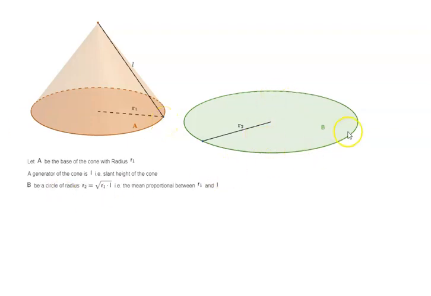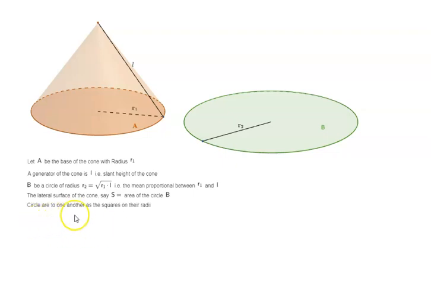Let B be a circle of radius R2, equal to the square root of R1 times L. That is the mean proportional between R1 and L. And we know if the radius of the circle is such, then the lateral surface of the cone, say S, is equal to the area of the circle B. We proved this in the previous proposition.